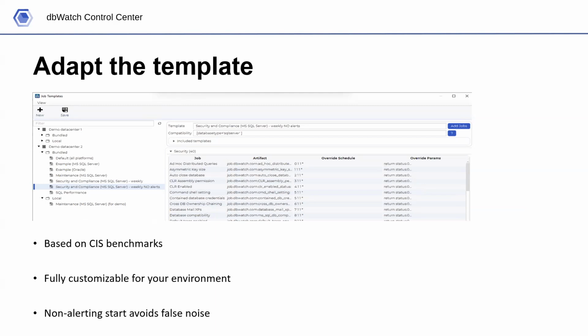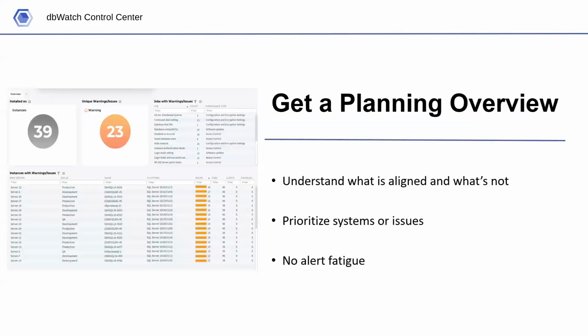And once you have deployed a template on the set of database systems, you will get dashboards that allow you to understand what is online, what is not, where you need to put in work, and what systems are outside the compliance. And you can then prioritize systems and issues, and I'll show different ways in the next steps to how these will be addressed.